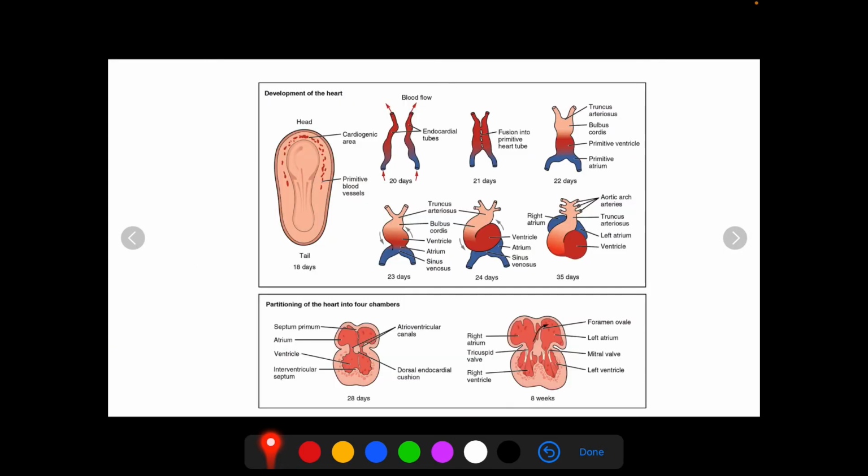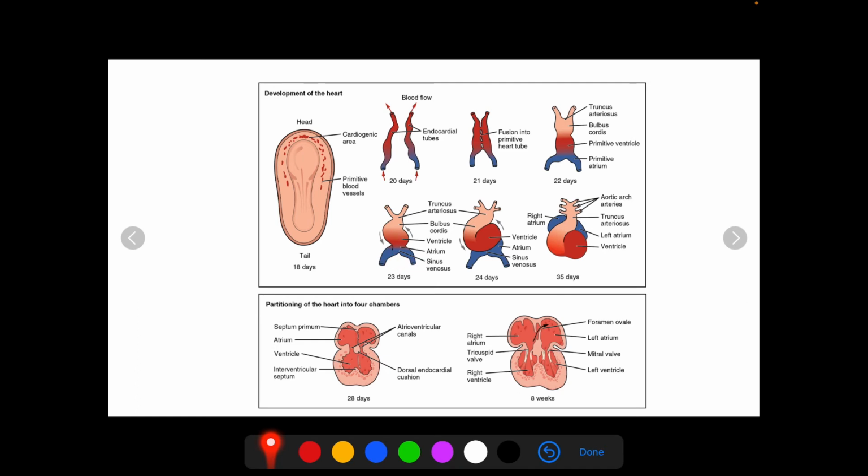Let's see the process and the stages of forming the heart. As we said, at the beginning there are two tubes, then these two tubes bind, forming this hollow cavity. Then the anterior parts of this cavity will move upward, and the back parts will go downside.